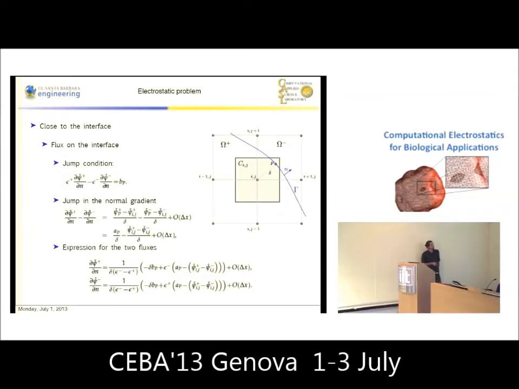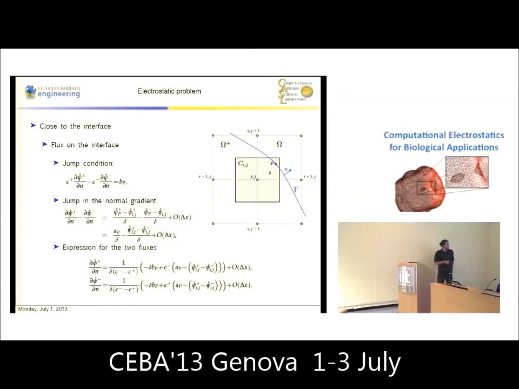So we need to find a way to approximate the flux from the knowledge of the jump of the flux. The way we did it is, first we have this expression, and then we express this difference using the value of the solution inside and outside the interface at the different grid points.